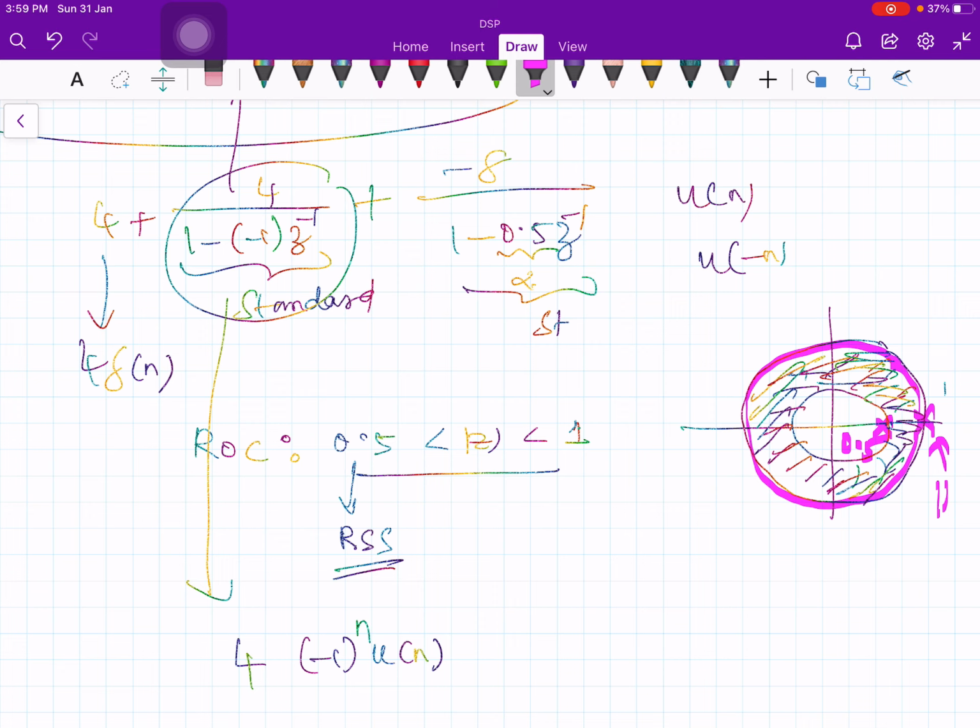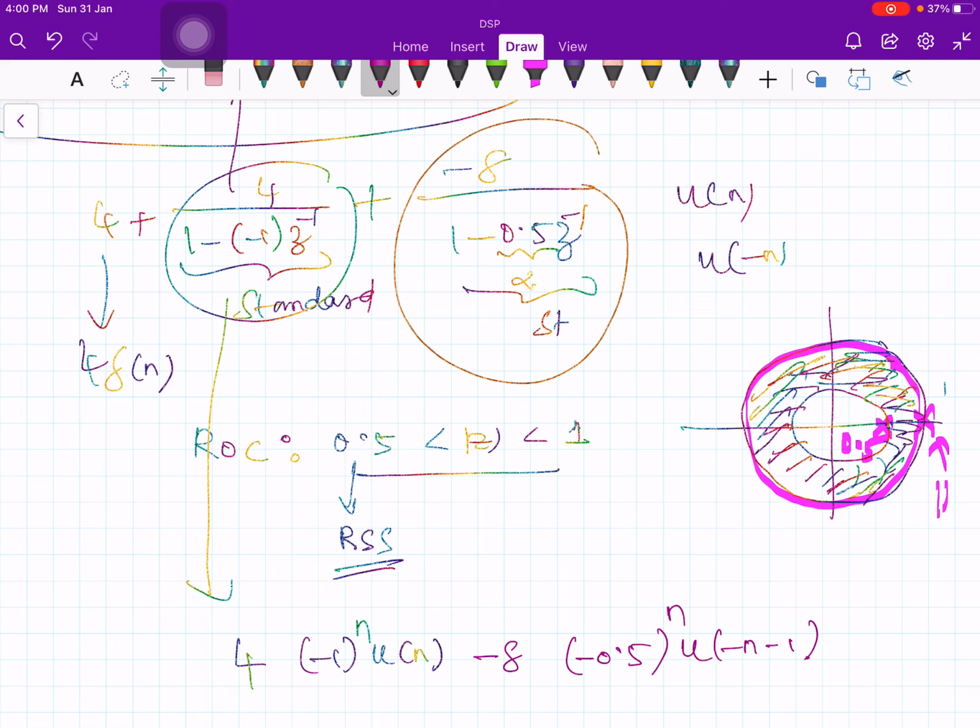Whenever the ROC is inside the circle, then the sequence is a left sided, anti-causal sequence. Therefore this is equal to minus 8 times minus 0.5 whole to the n u of minus n minus 1, because of the left sided sequence.